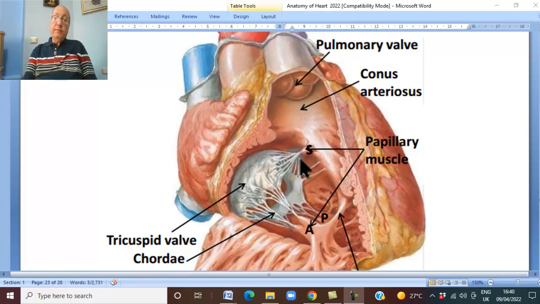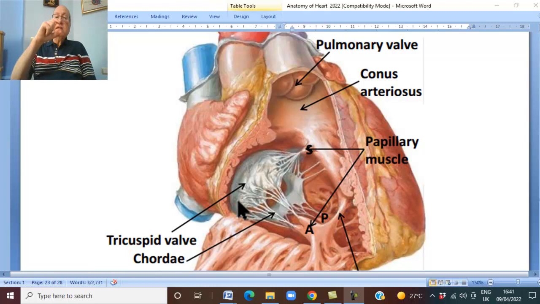First of all, the right atrioventricular orifice, or it is called also mitral orifice. This orifice is oval in shape, situated between the right atrium and the right ventricle.